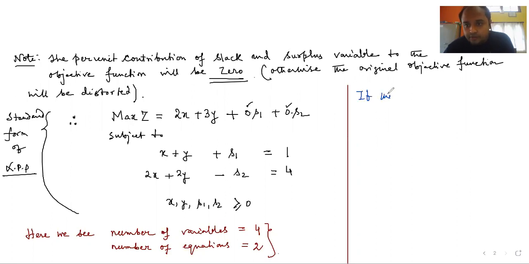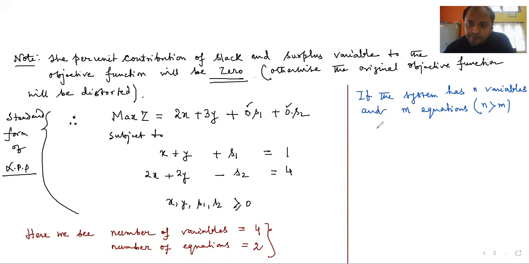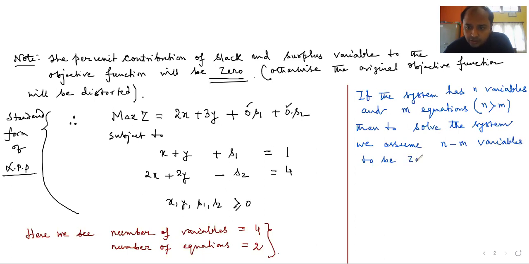If the system has n variables and m equations, where n is greater than m, then to solve the system, we assume n minus m variables to be 0. We shall put n minus m variables to be 0.